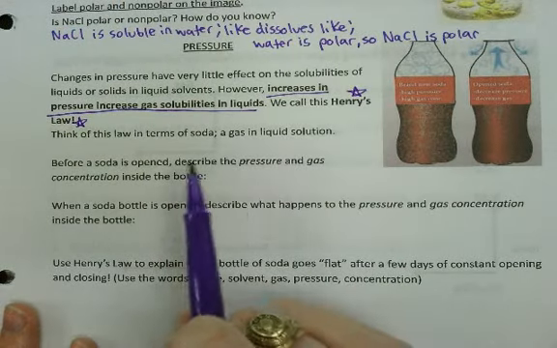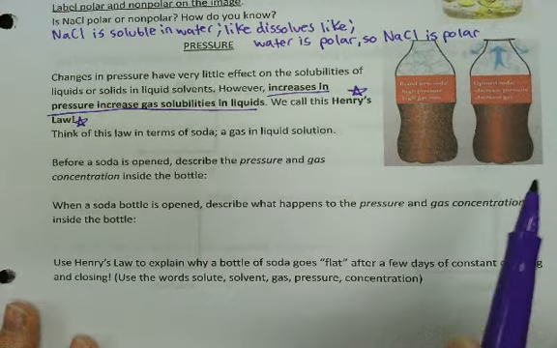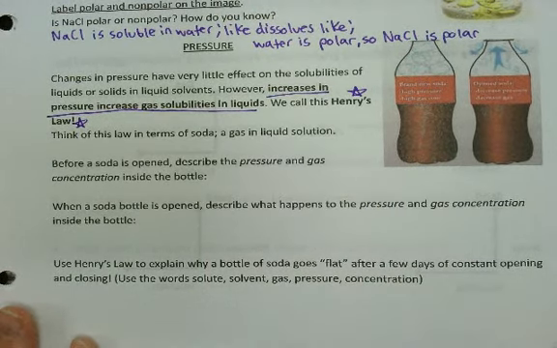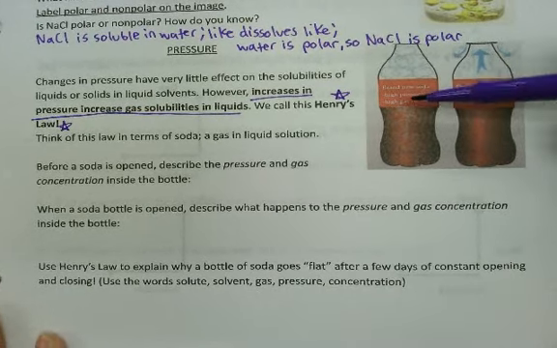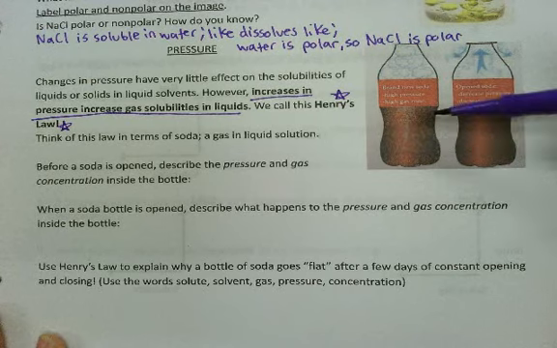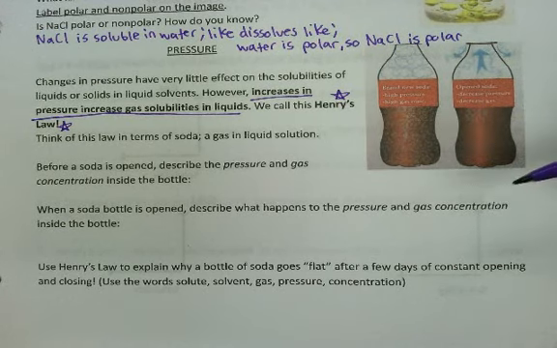Okay? So we can think about this law in terms of sodas, because this is probably the most common area of our lives where we encounter this phenomenon. In a soda, you have a gas dissolved in a liquid solution. You have carbon dioxide dissolved in a liquid solution. That's why soda is bubbly. We have all that gas bubbling through it. Okay?